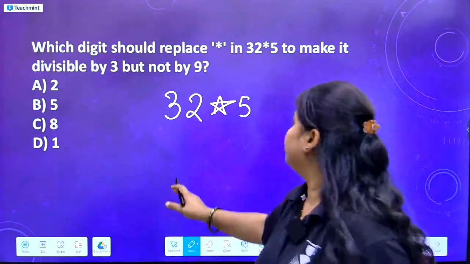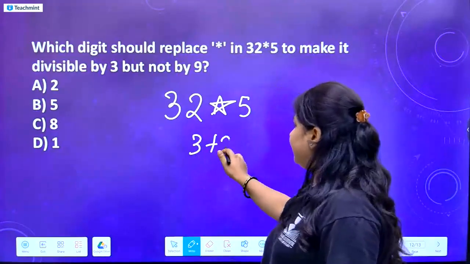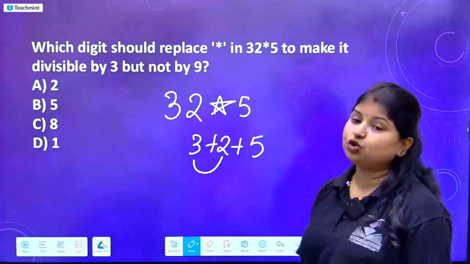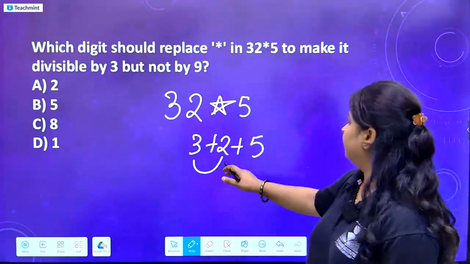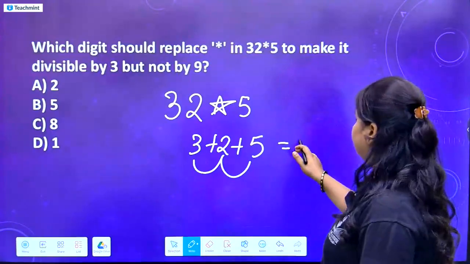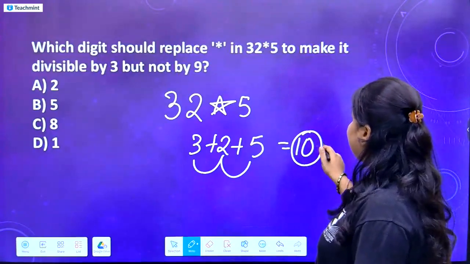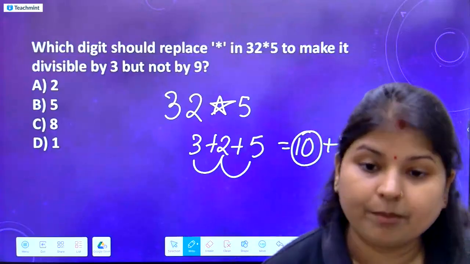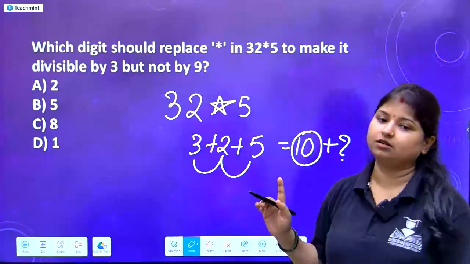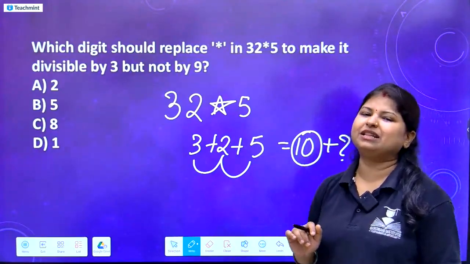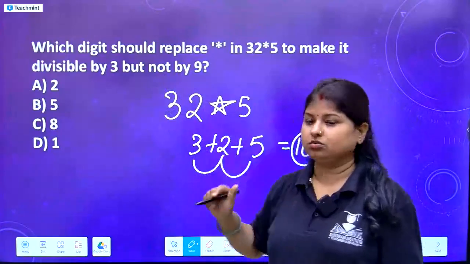That means you have to add the digits. So 3 plus 2, 5, 5 plus 5, 10, right? What should I add in this place to make it divisible by 3 but not by 9, right?